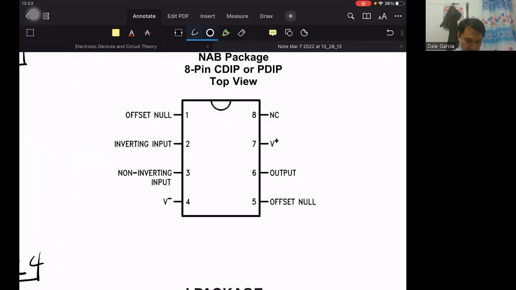First the inputs, pin 2 and pin 3. Pin 2 is inverting, pin 3 is non-inverting.